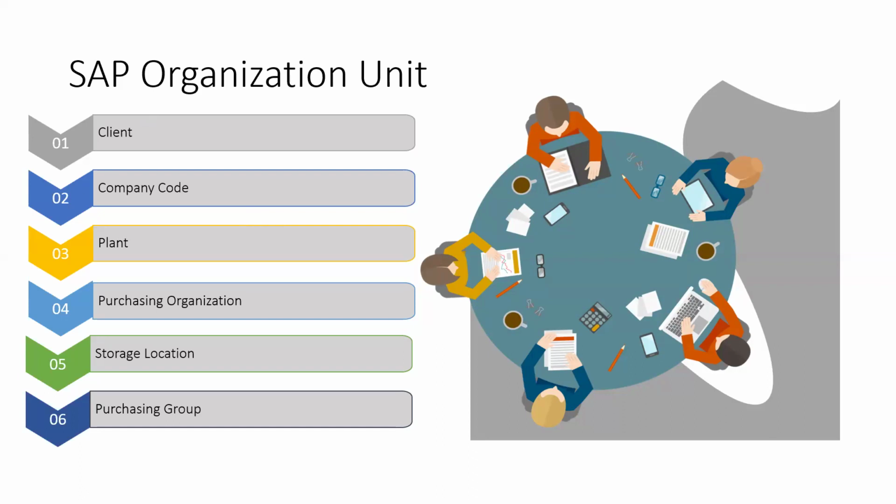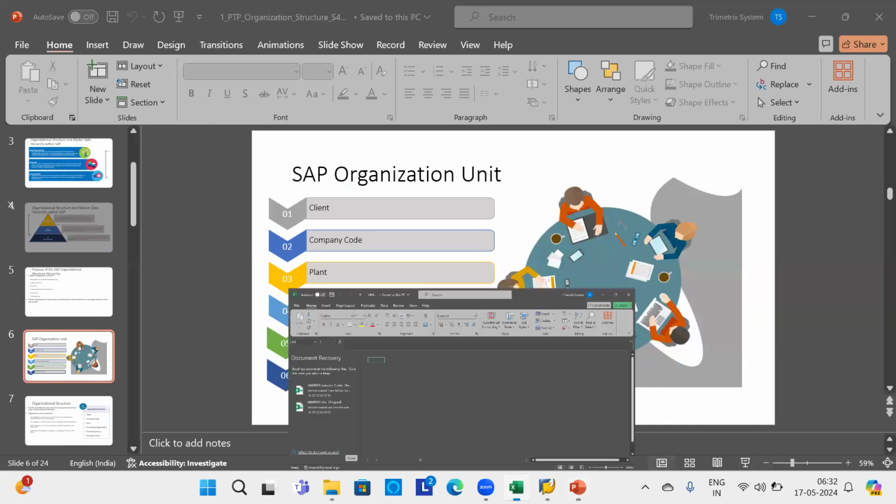Now, what is the client, what is the company code, what is the plant? Everything we are going to see in detail. So let me write this down on Excel so we can discuss in detail.